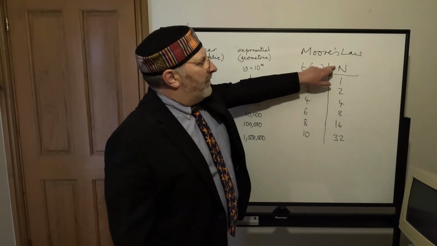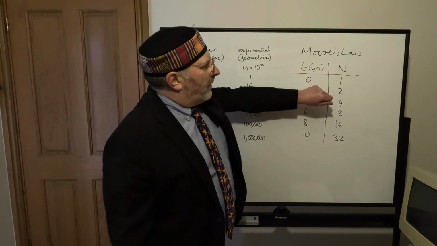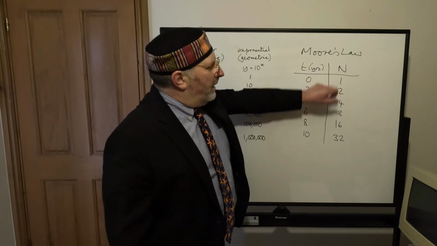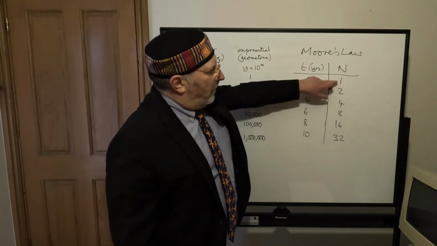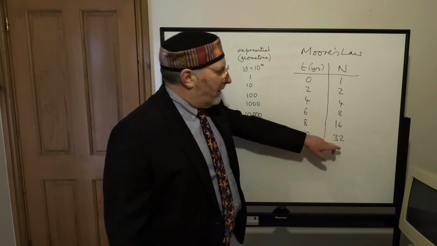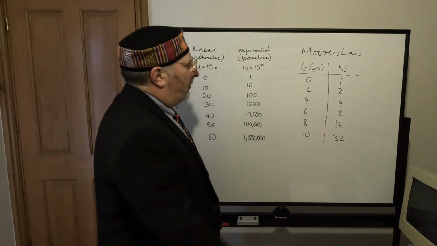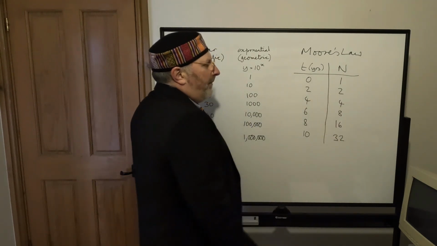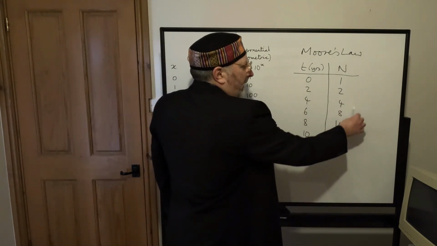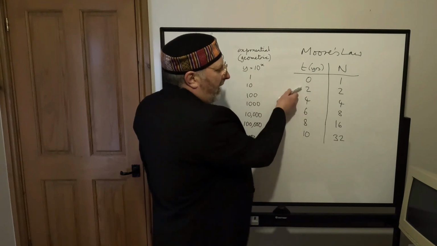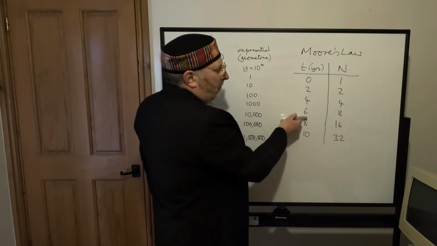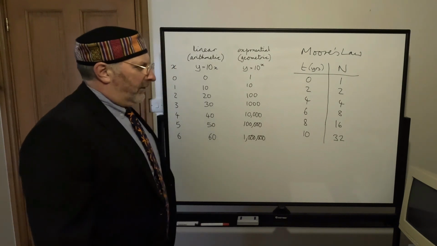And here's the number of transistors on a computer chip. Well, I've started it at 1 just for illustration. So it's going to double. So 1, 2, 4, 8, 16, 32. That is a geometric progression because it's doubling. It's going up by a factor of 2 at each stage. Well, this is arithmetic. We're just adding 2 years at each stage.